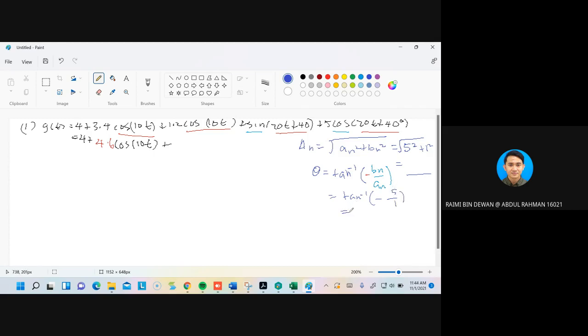Can you guys help me? What is the theta and what is the a_n? 5.099, 5.1.